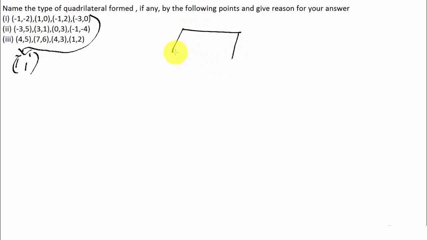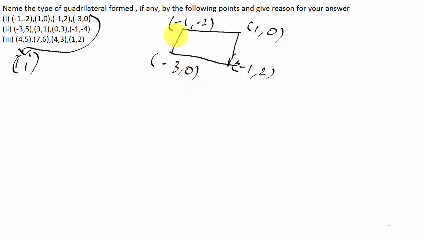Just draw a random quadrilateral and then start naming it. Let these be A, B, C and D respectively.